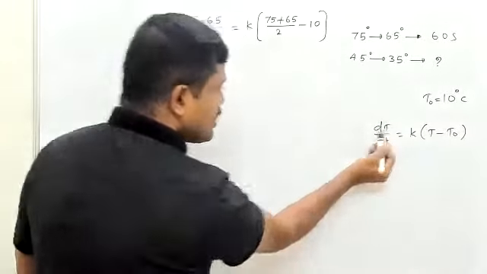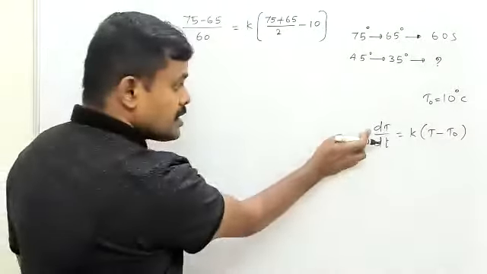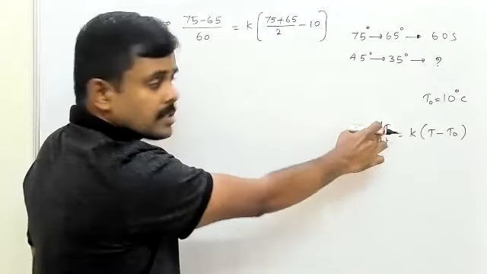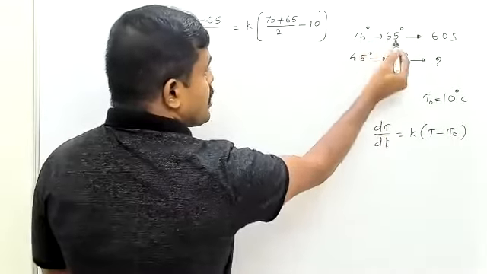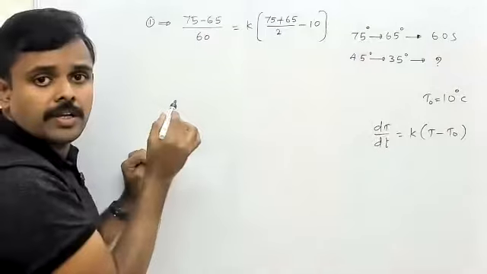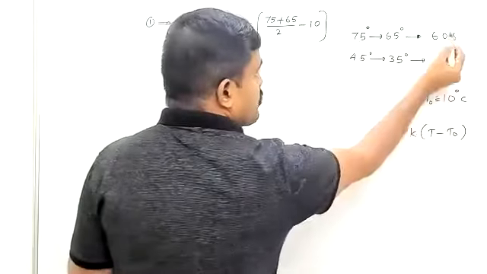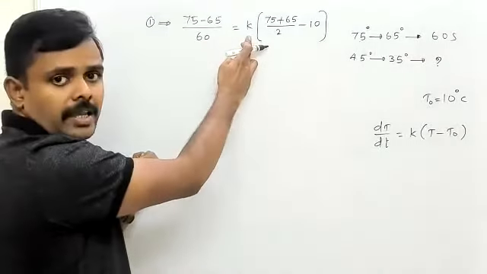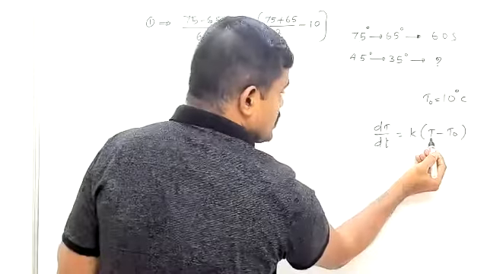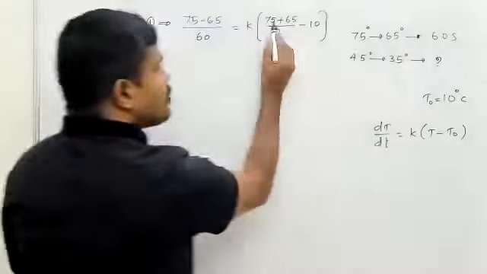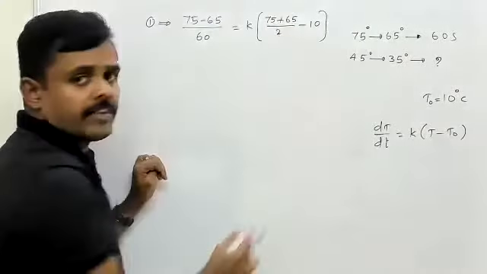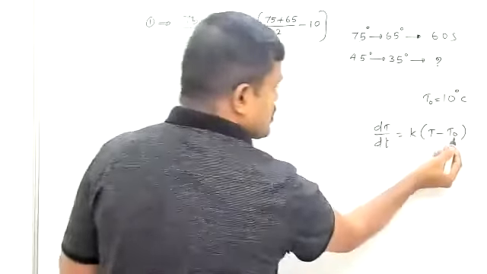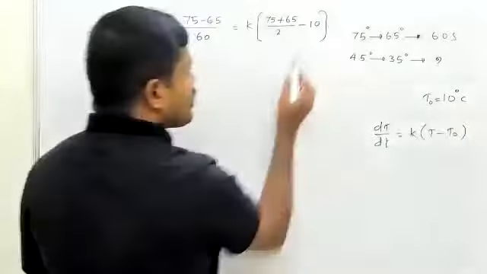D stands for difference. What is difference in temperature? 75 minus 65. dt is the time taken for it. It is 60 seconds. Equal to constant k. What is this temperature? It is the average of these two. 75 plus 65 by 2. That is how you take average. Minus T0. T0 is given. Surrounding temperature 10.